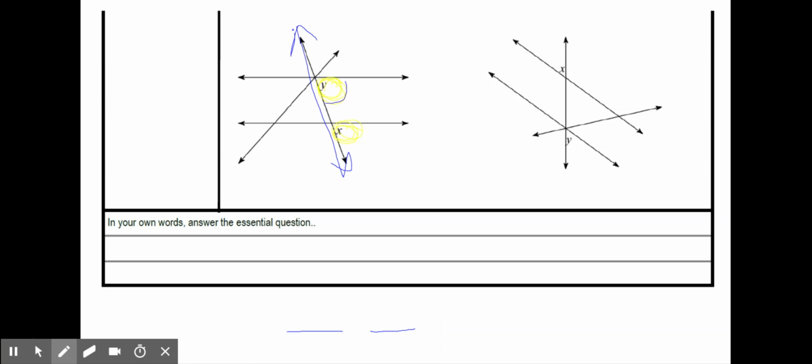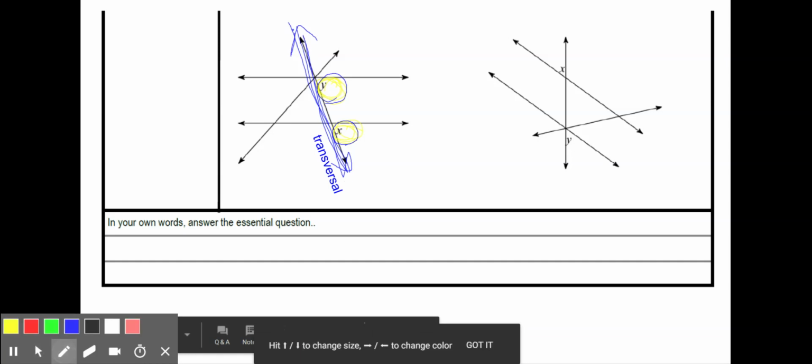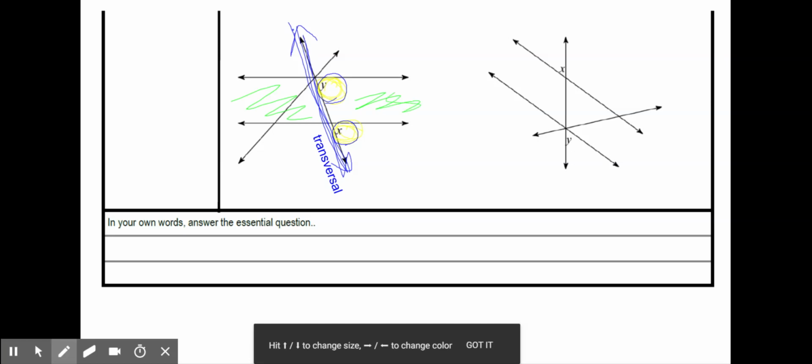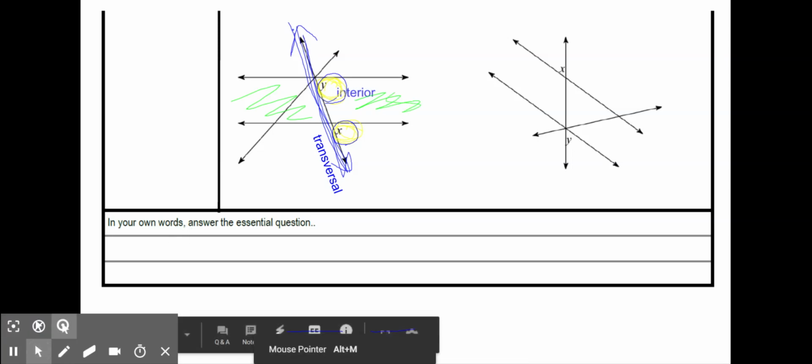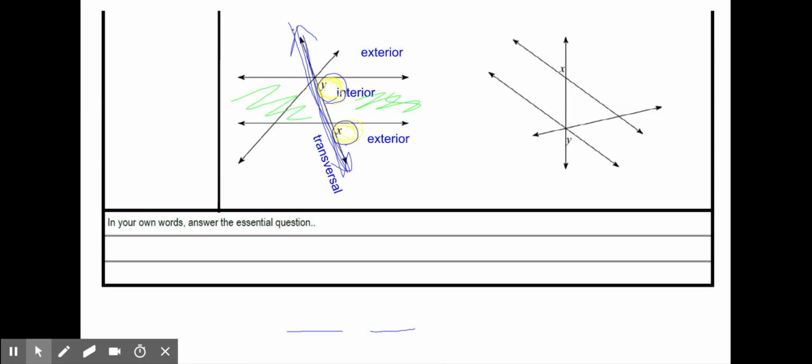But in relationship with angle X and angle Y, your angle pairs will always be on your transversal. Then we can look at the interior, and then exteriors would be outside of our parallel lines.